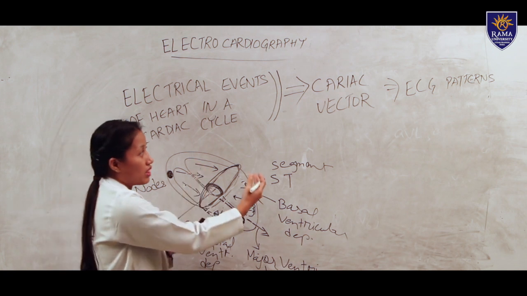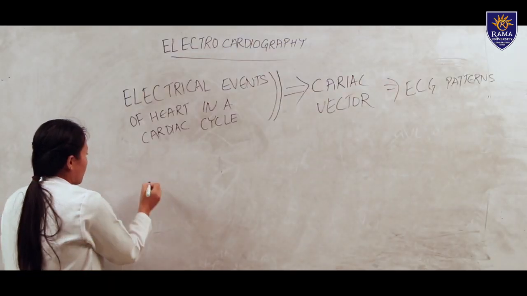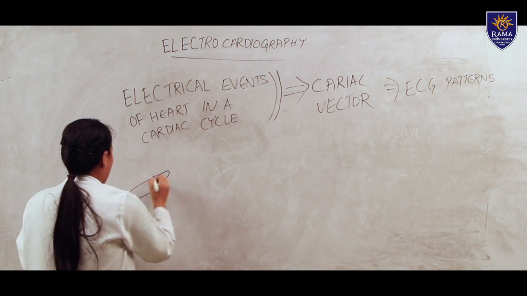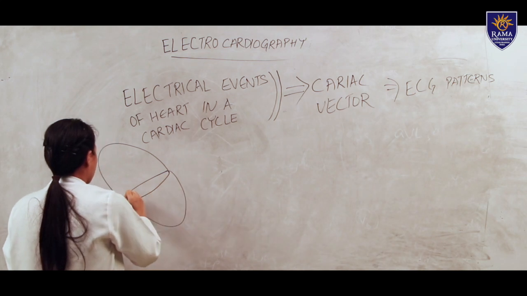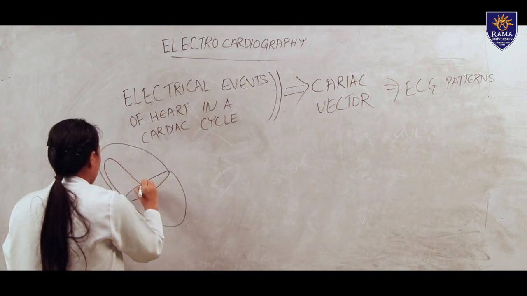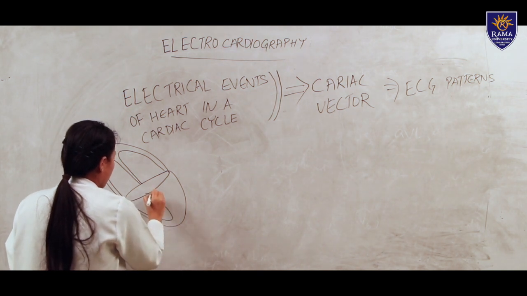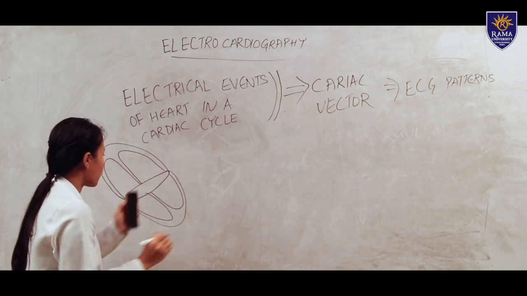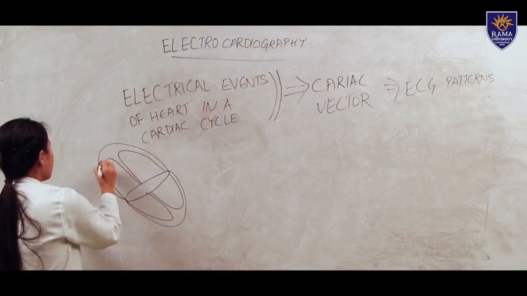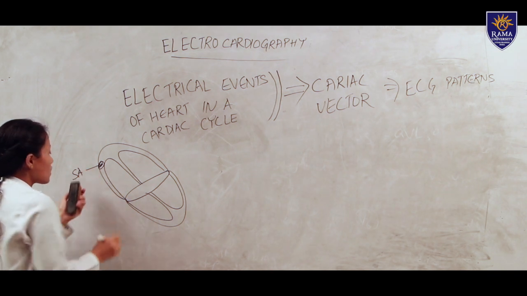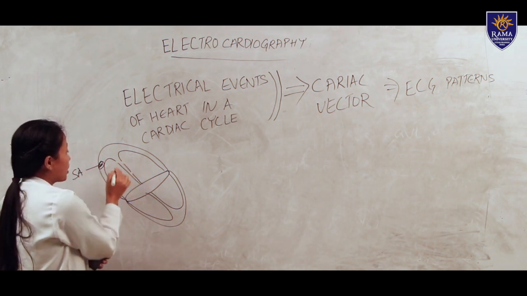So now we will see how it is related to the ECG patterns. Electrical activity will start from here at the SA node. The SA node generates depolarization, and all the atria will be depolarized.